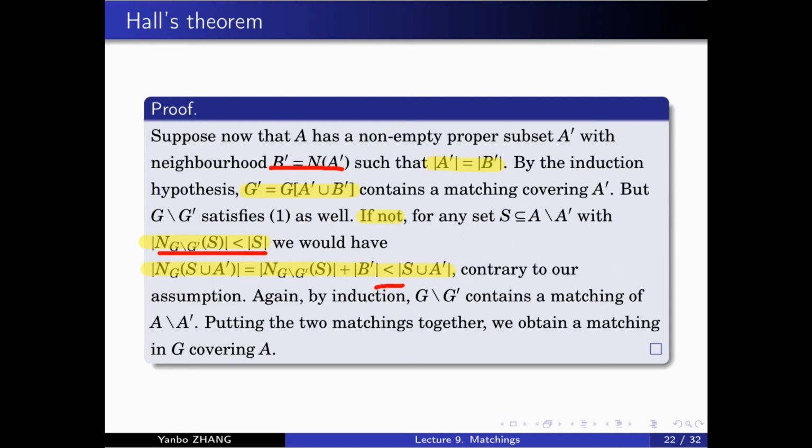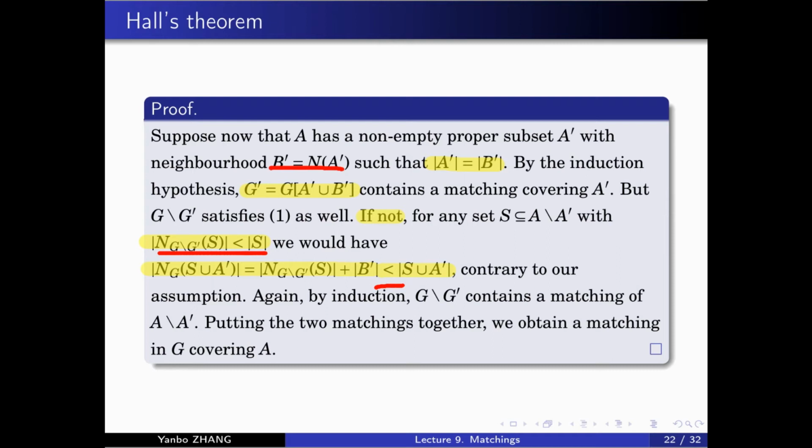So G minus G' satisfies the condition as well. Again, by induction, G minus G' contains a matching of A minus A'. Putting the two matchings together, we obtain a matching in G covering A.